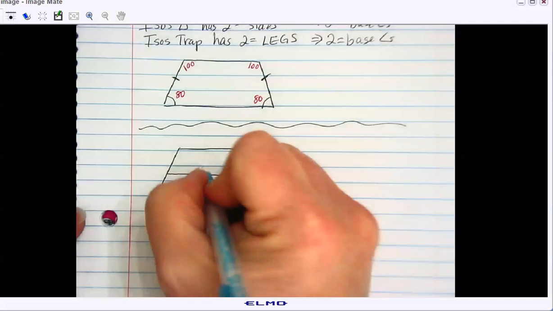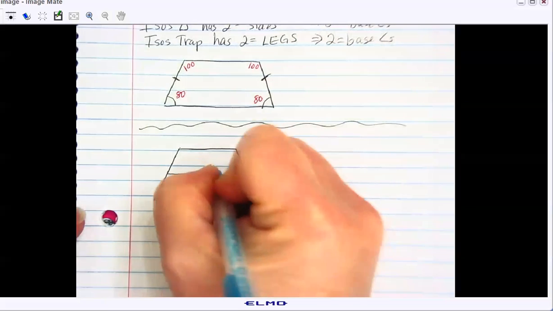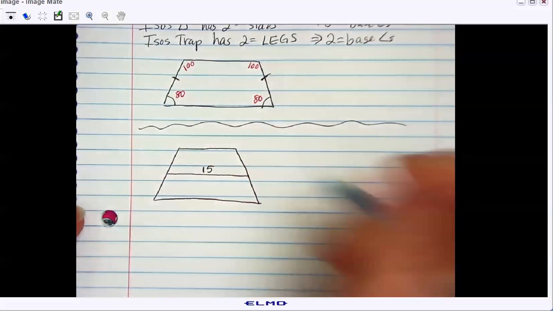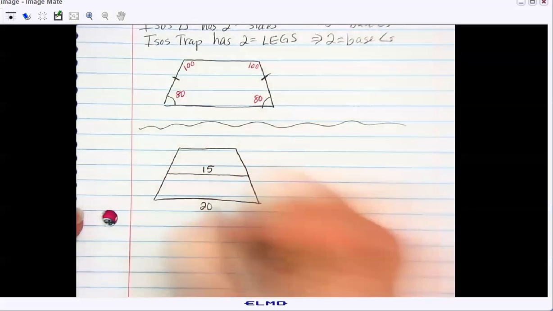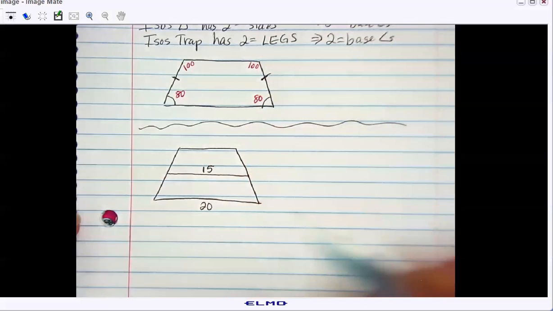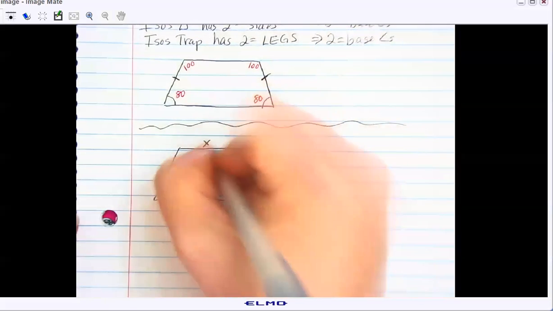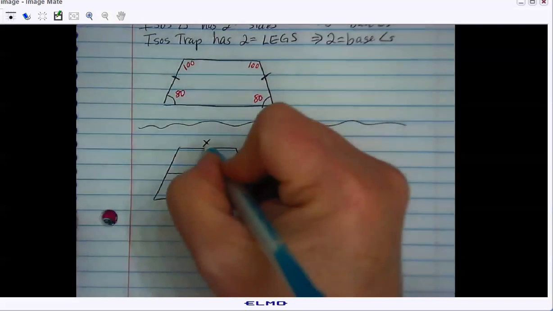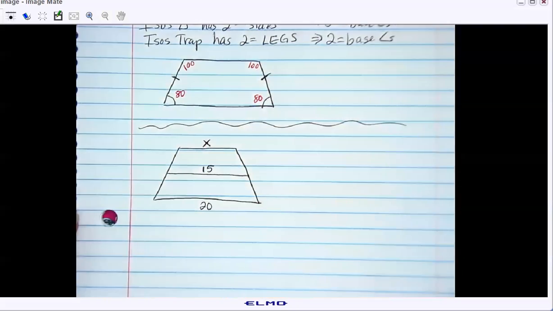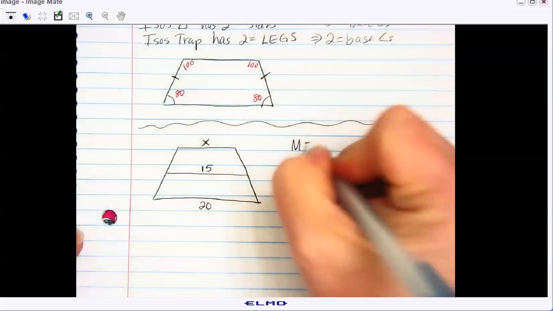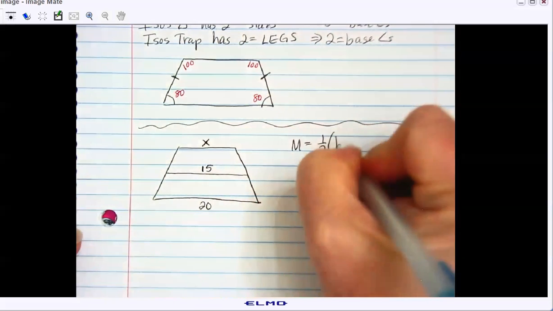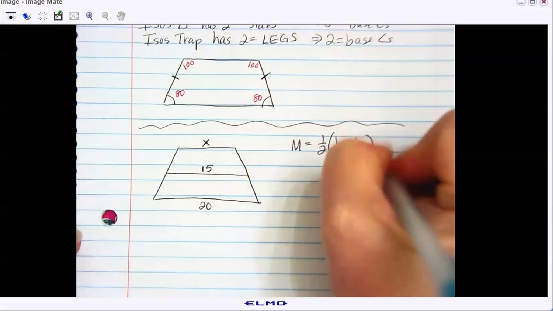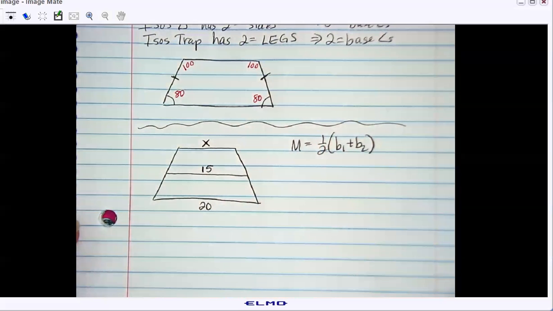Let's say I know the median is 15 and one of my bases is 20. And I want to find what that base is. So we're going to use the same exact formula, that m is equal to 1/2 (b1 plus b2). This time we just happen to know the m.